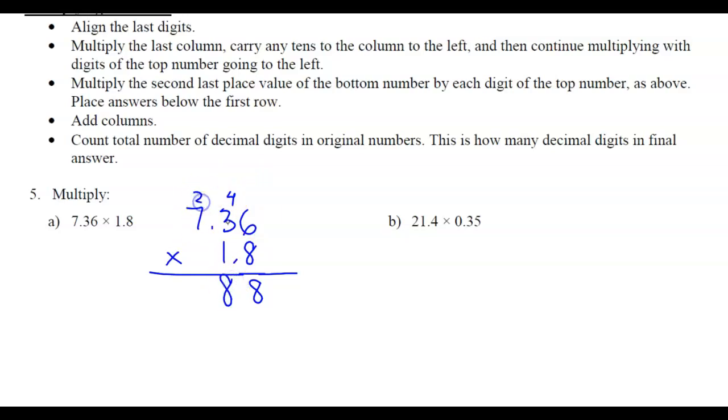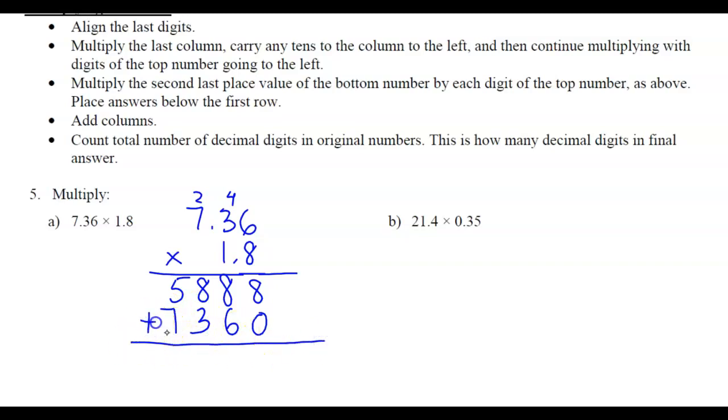Again, there's my 28 if I look sideways. 8 times 7 is 56, plus 2 is 58. Lots of 8s. Then for the next number, the 1, I start underneath the 1. So I put a 0 there, or you can leave it blank. And then multiply every digit in the first number by the 1. So that's going to be a 6, a 3, a 7.